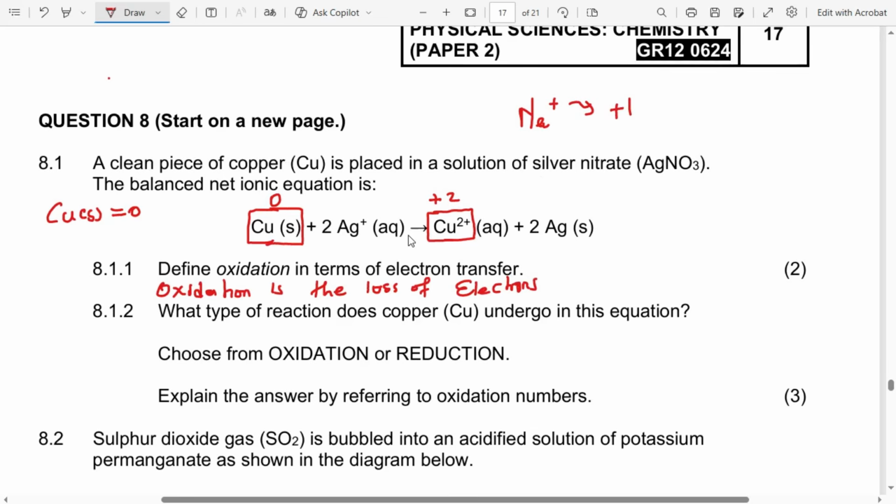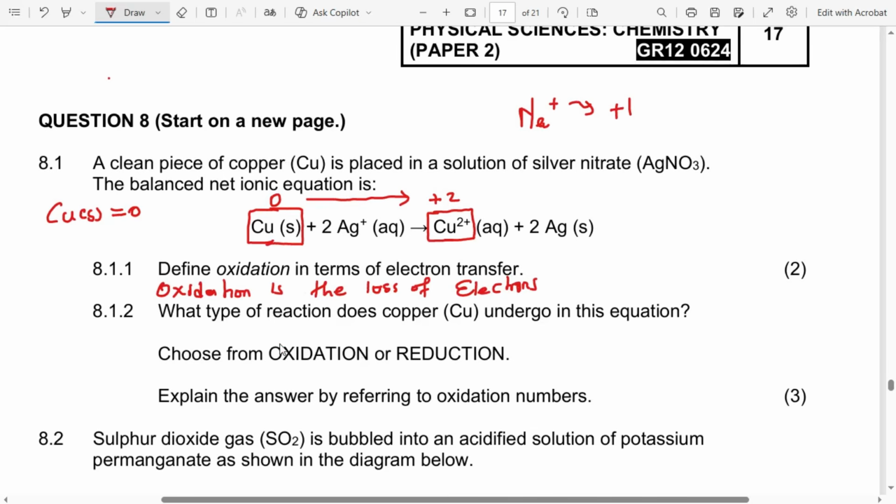Now let's analyze the information we have. When we compare the oxidation number, copper changes from 0 to plus 2. So the oxidation number increased. Let me tell you something: if the oxidation number increased, just note that this is oxidation.